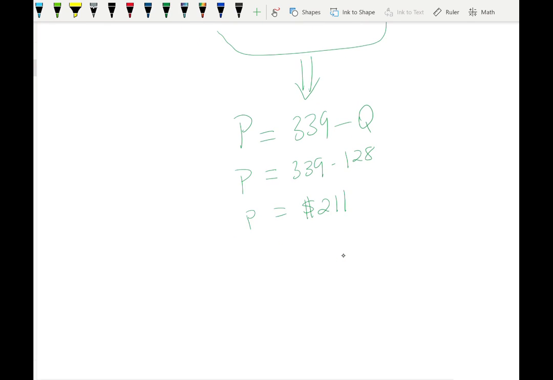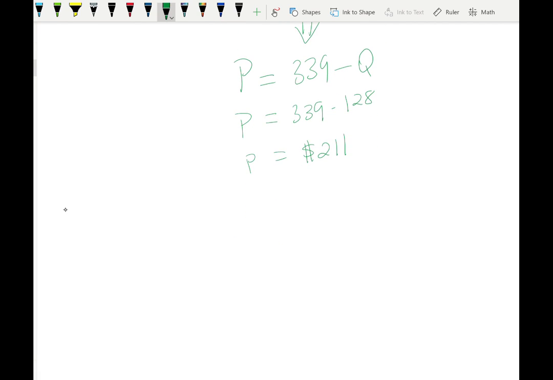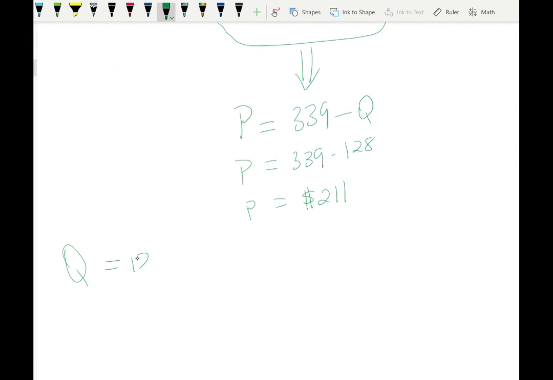Beautiful. So we know in this market, they're going to sell 128,000 seats, because remember, this is in thousands. And each one-way flight is going to be $211, where 64,000 of those flights would be through United, and the other 64,000 will be through American.